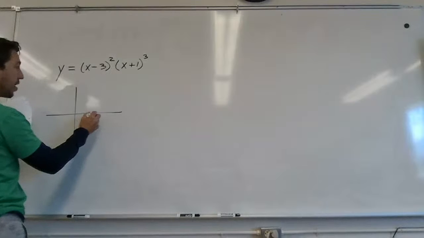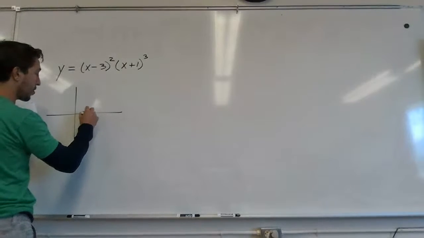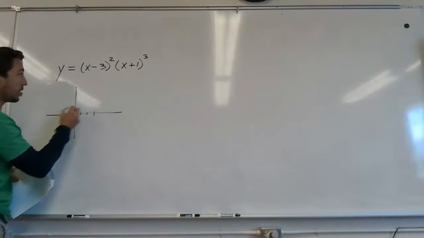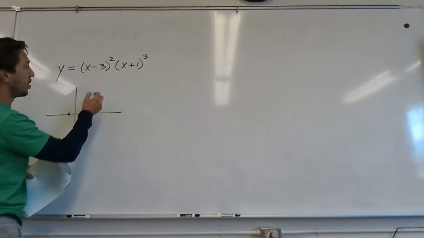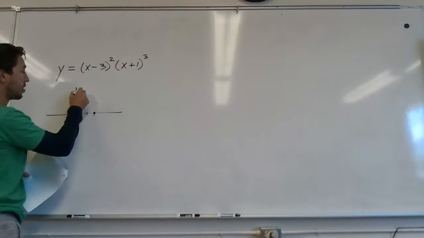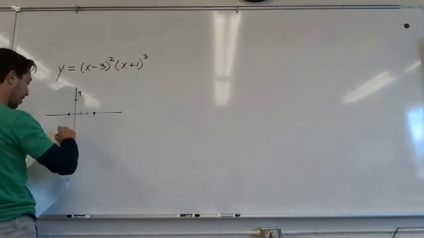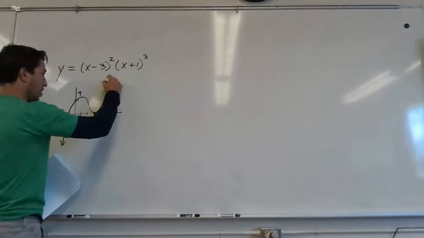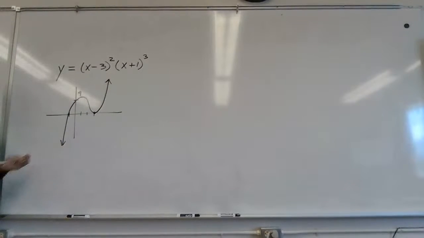So this is an x value of 3. Let's actually draw 3 dash marks and then 1 dash mark. So -1, 3, y-intercept was 9, and it looked something like that, right? Remember that from yesterday?